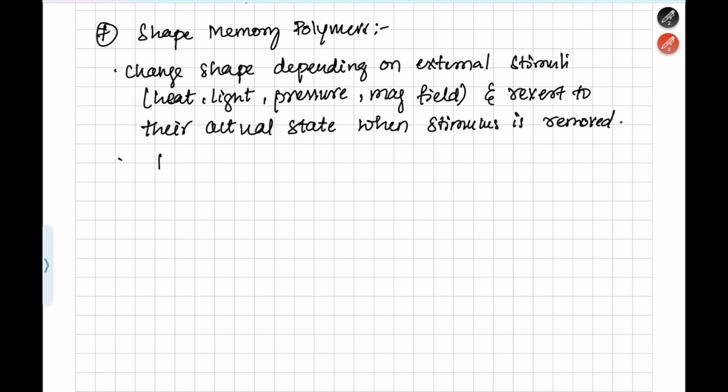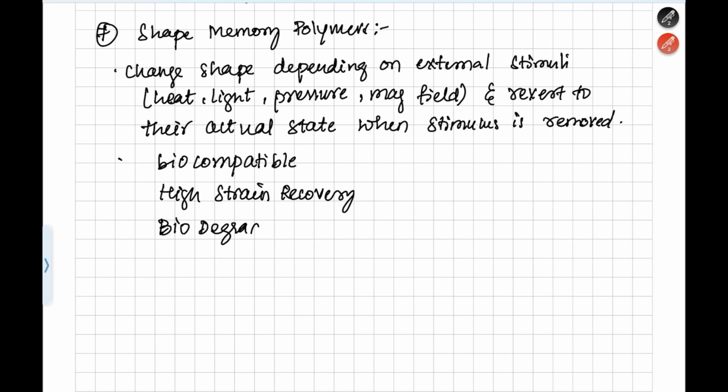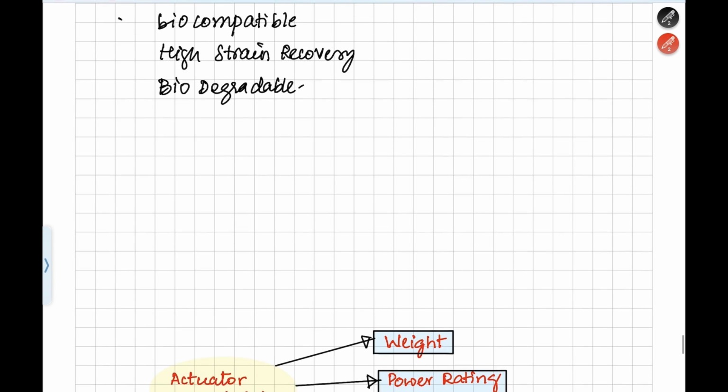So speaking of the key features, they are biocompatible, they have high strain recovery, and they are biodegradable. In this we also have a concept of light activated polymers.